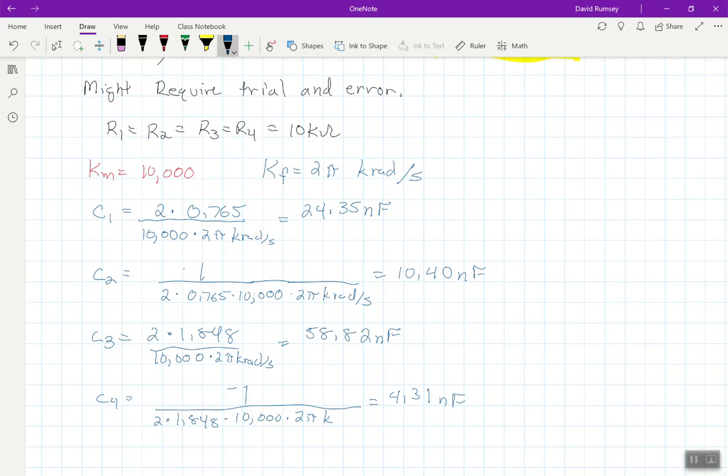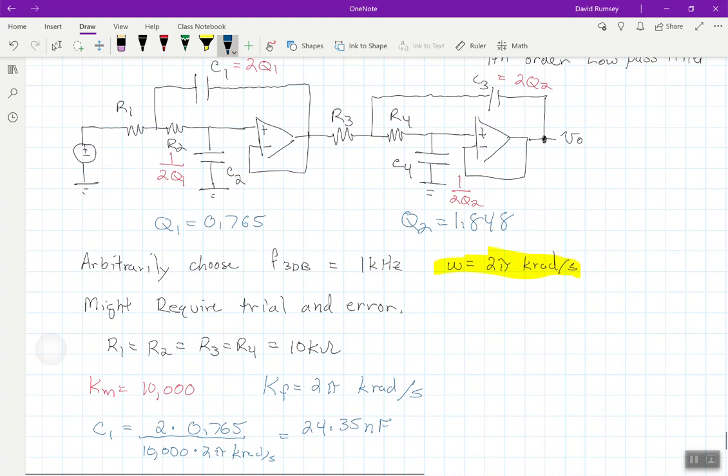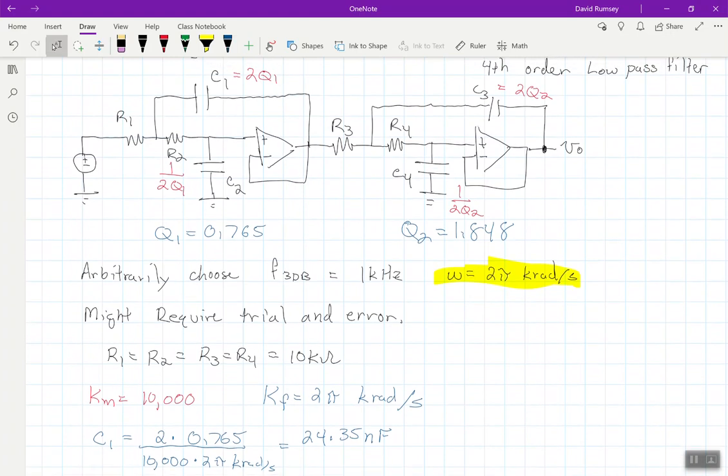There are other ways to do this, but the method that Professor Byers describes in his notes, which is what I borrowed from, is actually the best way to get your 3 dBs to be in the correct location with a nice flat pass band. As I said, you could put in 5th or 6th order filters if you wanted to.